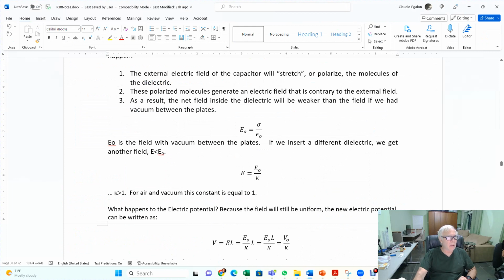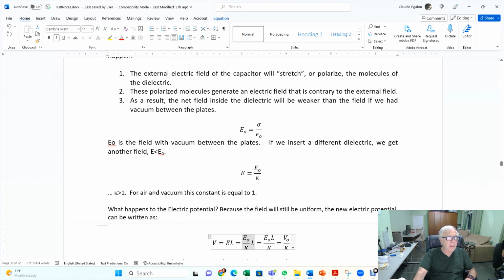And now that we know how the electric field behaves inside a capacitor with a dielectric material, we can find out what is the effect of this dielectric material on the electric potential. Just remember that the electric potential between the plates of the capacitor is going to be the electric field times the distance between them. But the new electric field is the electric field in the vacuum divided by the constant kappa.